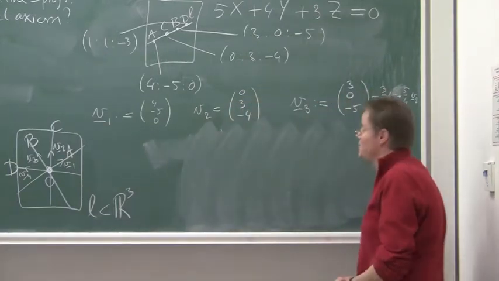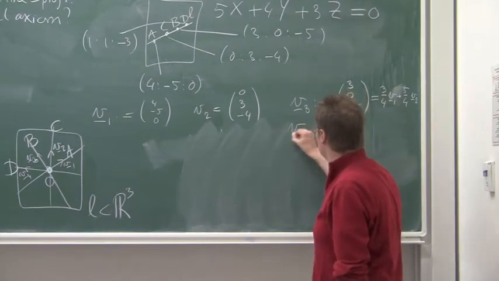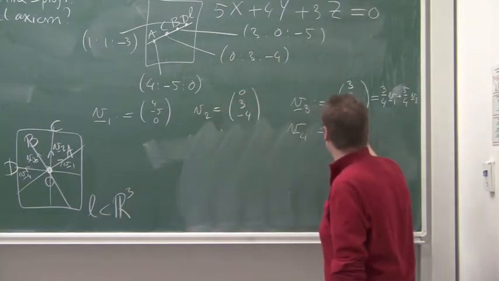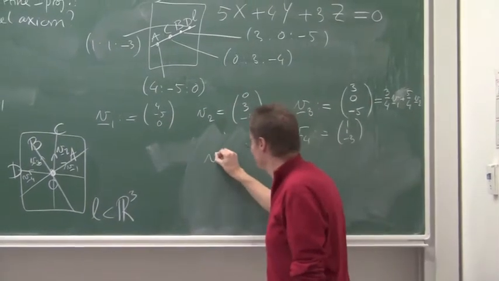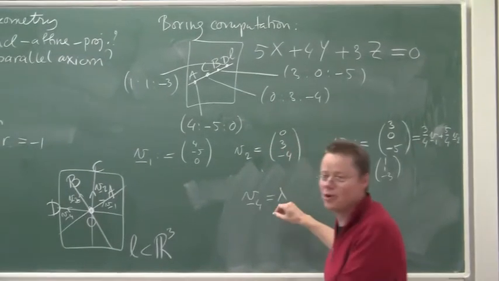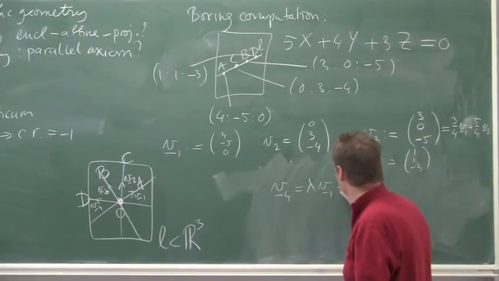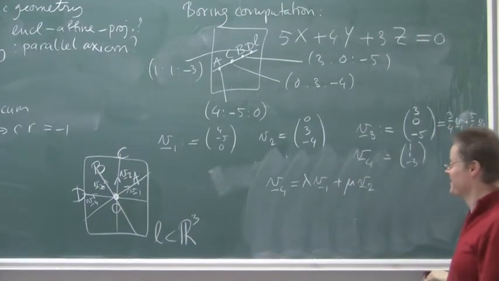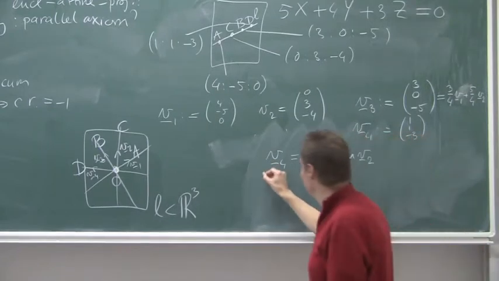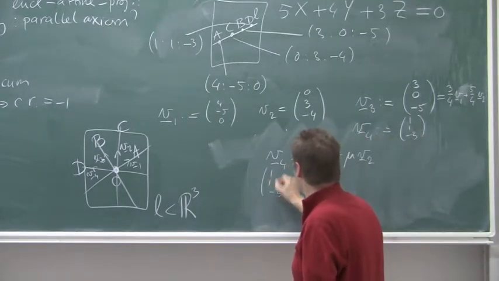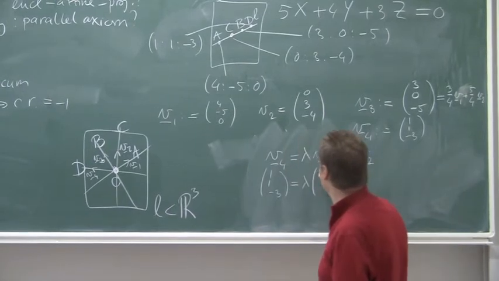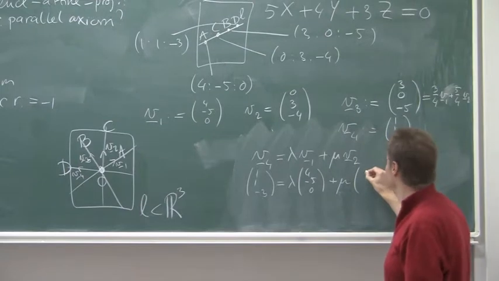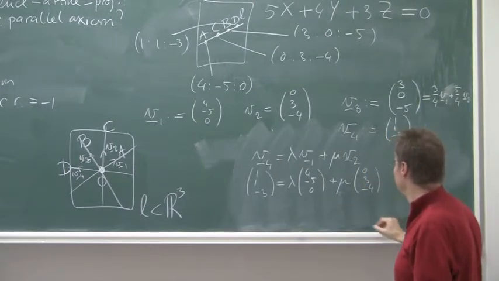Okay, the next computation, let's take V4 of D, 1, 1, minus 3. So, there we go. V4, it's a new lambda and a new mu. So what do we have? 1, 1, minus 3 equals lambda times 4, minus 5, 0, plus mu times 0, 3, minus 4.